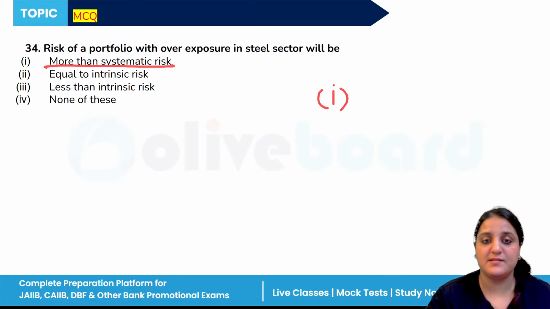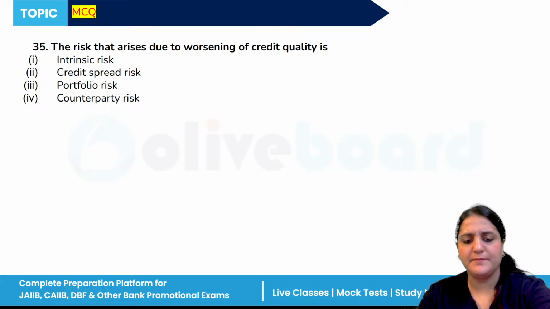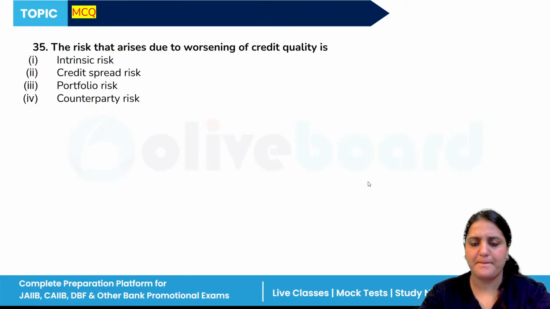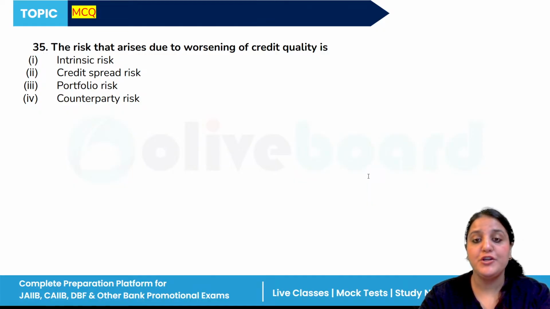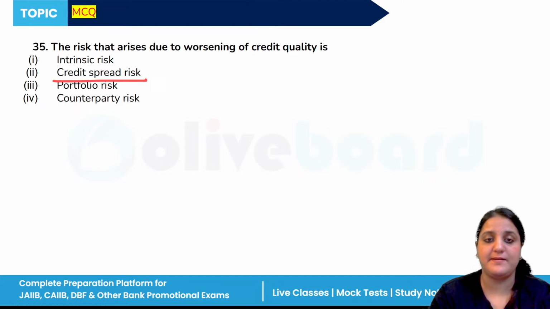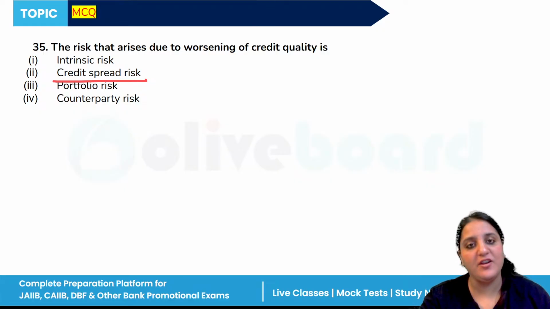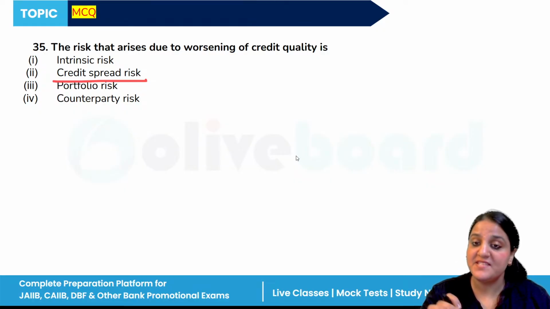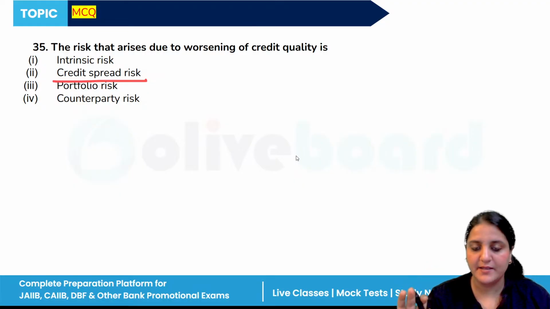Option first is correct. The risk which arises due to the worsening of credit quality is credit spread risk. Why credit spread risk? Because credit spread risk always arises when the perceived credit quality of the borrower deteriorates, right?